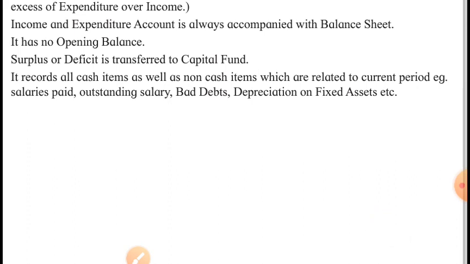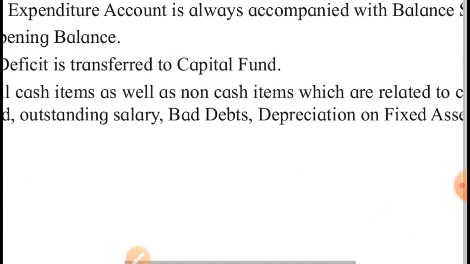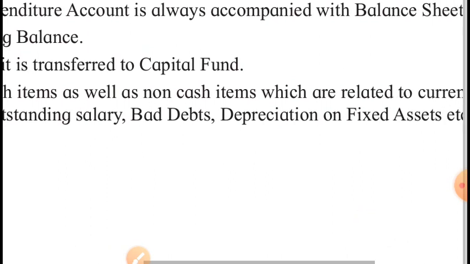Cash will be paid later on. Bad debts: when we incur bad debts, we don't see any cash going out of the business. But actually, the cash that should have been recovered from debtors was not recovered. So, bad debts is a non-cash item.